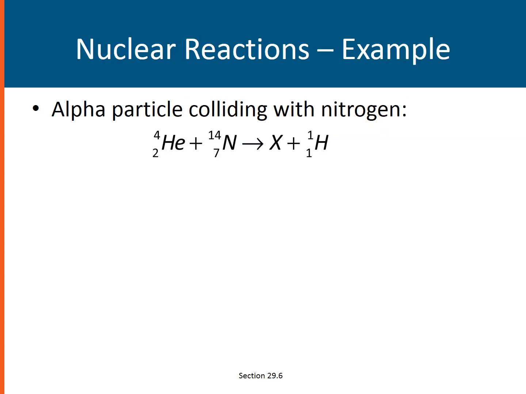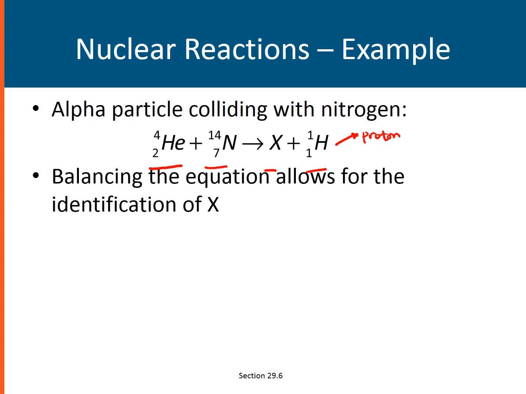So here is an example of a nuclear reaction, an alpha particle colliding with nitrogen. This is our alpha particle, and it collides with nitrogen to produce an atom, X, and a proton.